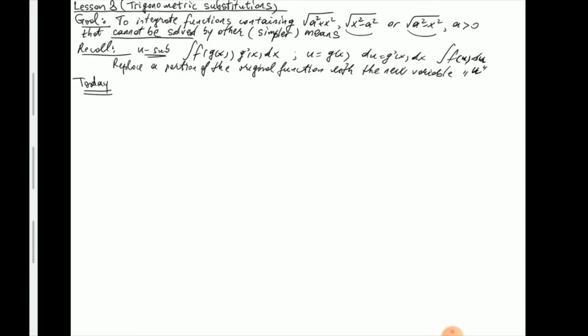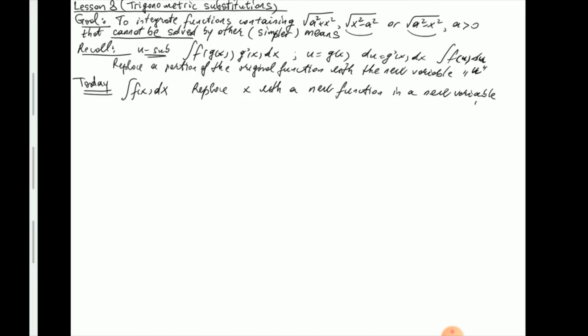Today we start with a function to integrate, let's call it f of x dx. And then we replace x with a new function in a new variable, because that new variable will denote the angle in a triangle, basically the argument of a trigonometric function.